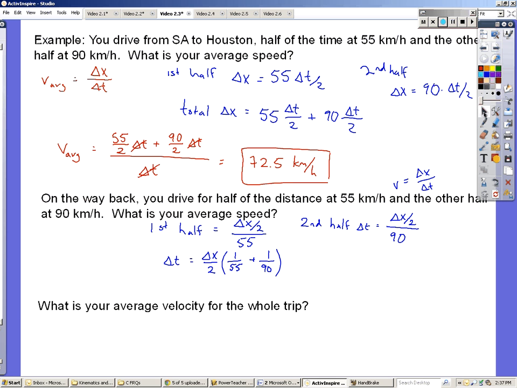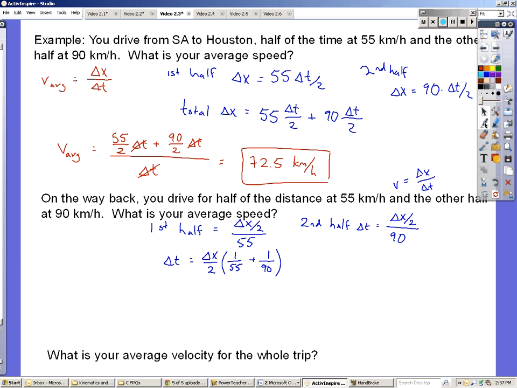And that means that delta x over delta t, which is your average speed, is equal to that.